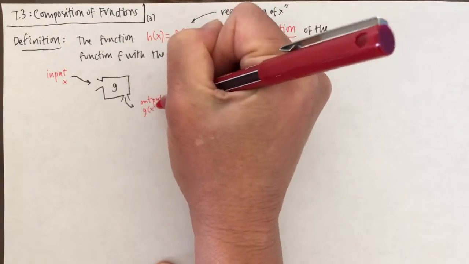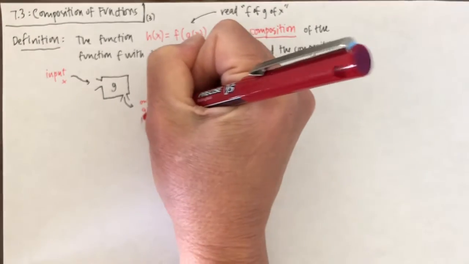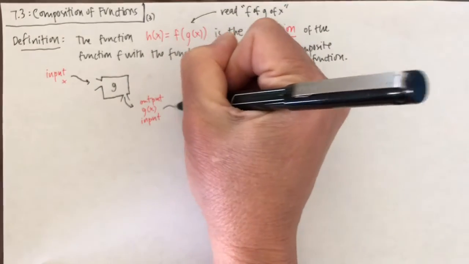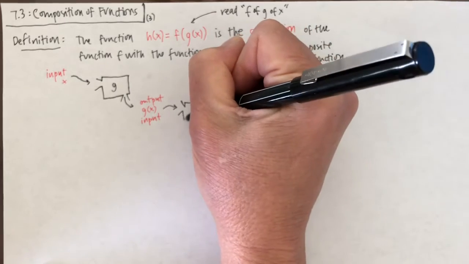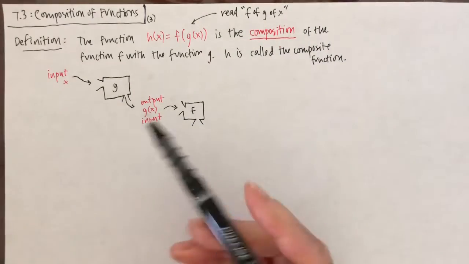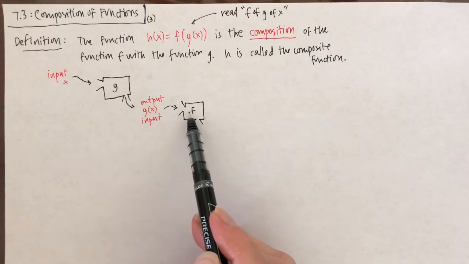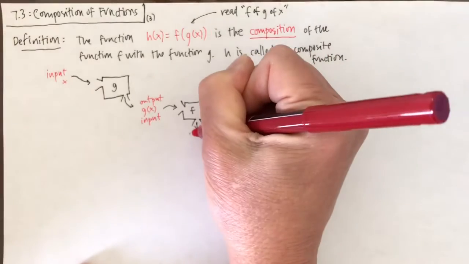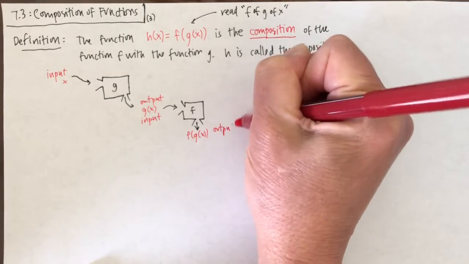And we typically call this g of x. But then that output is going to become the input for another function. We're going to stick that into the function f. So x goes into g, it comes out as g of x, but then we stick that into f, and it comes out. And we have our f of g of x, and this is our ultimate output.